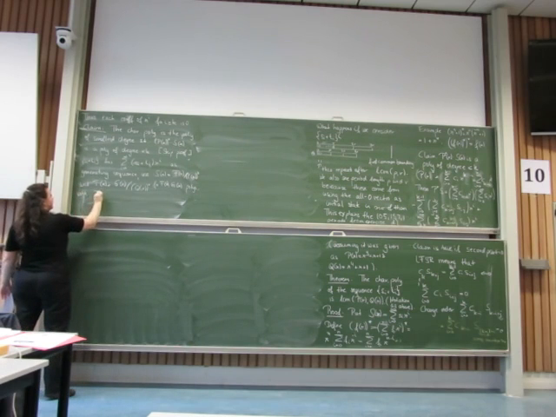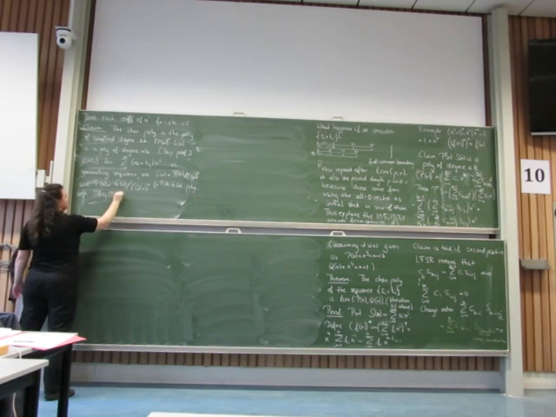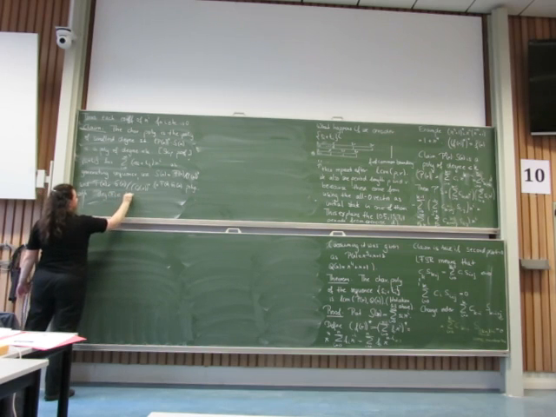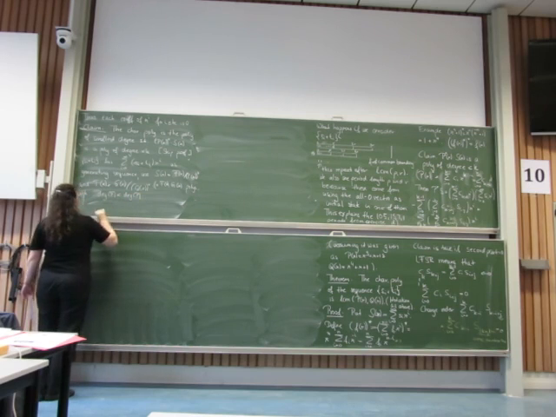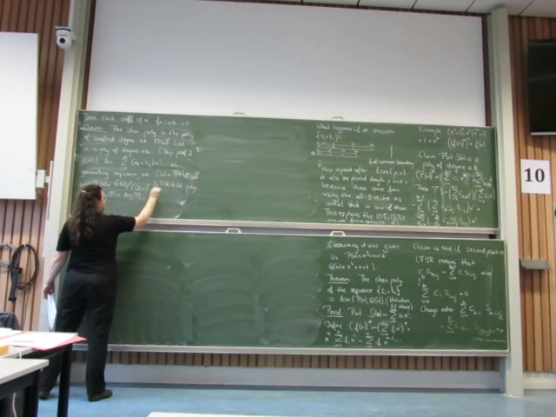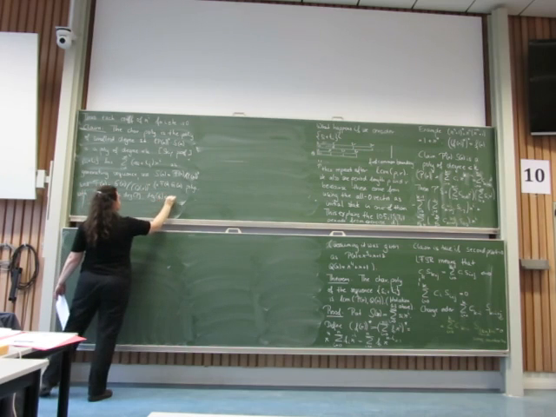So we know that the degree of f is strictly less than the degree of p, and we know that the degree of g is strictly less than the degree of q.